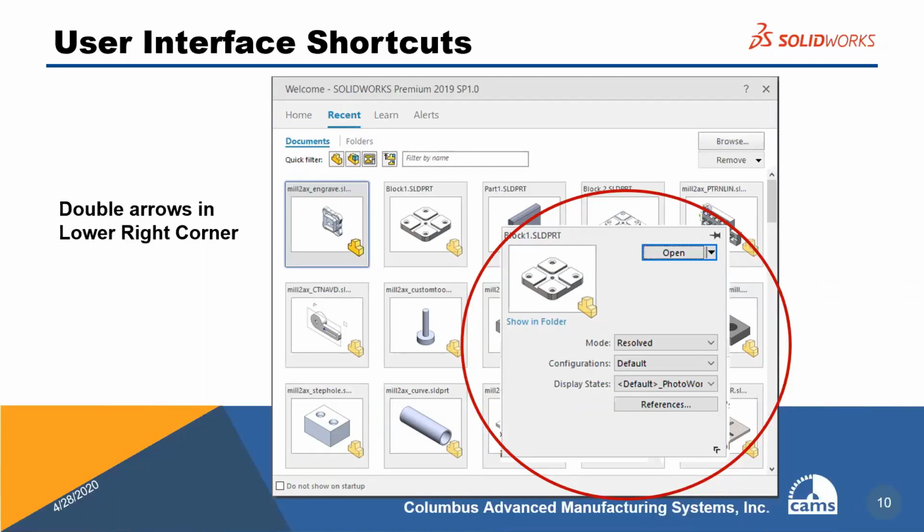If it's a configured file, you have the opportunity to open a different configuration than the default one, as also with display states, and then reference files that it may be talking to too. So there's a great bit of information here available right from the open screen. A lot of your searching can be handled right here, okay, which is a huge time saver.